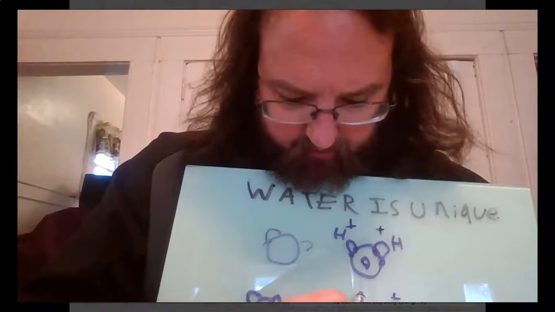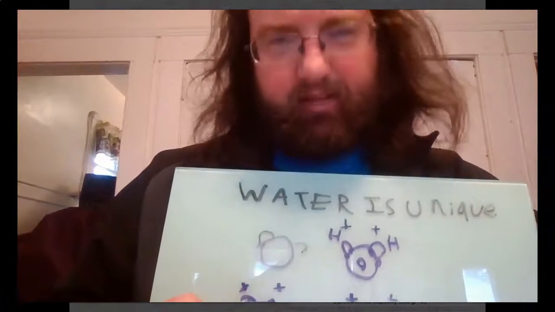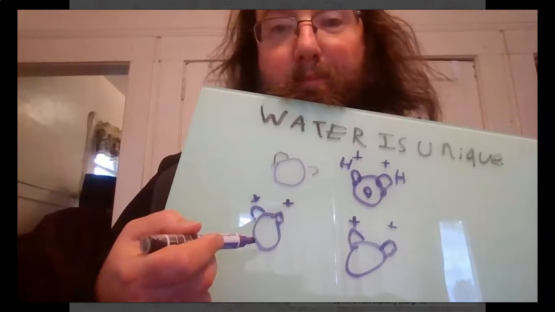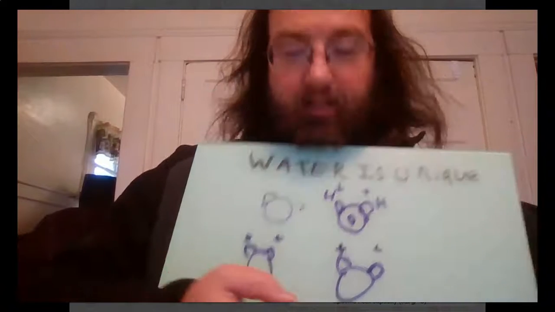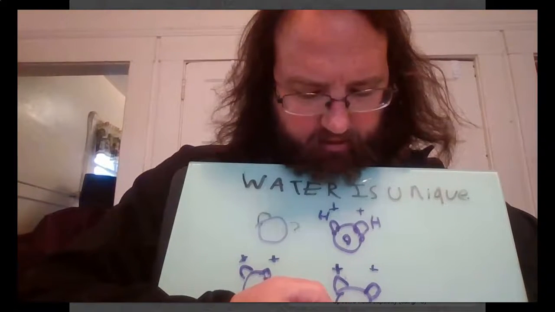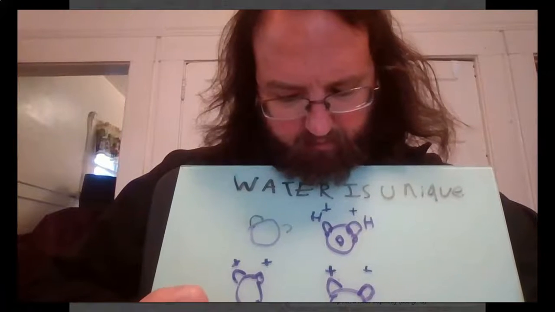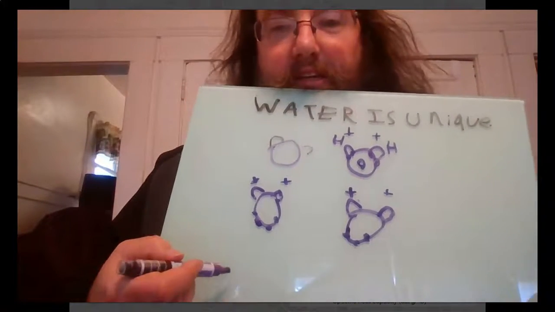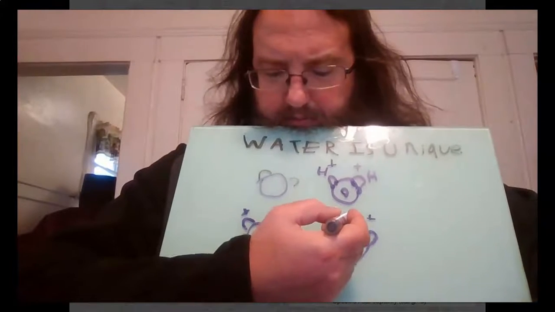And meanwhile, because you have these hydrogen atoms tying up some electrons, the remaining electrons are all sort of gathered down around the far end of the oxygen. And so you get a negative charge on the oxygen atom.